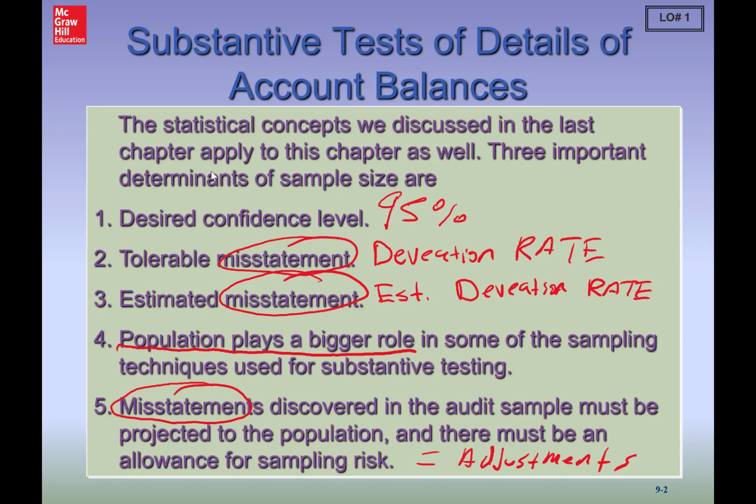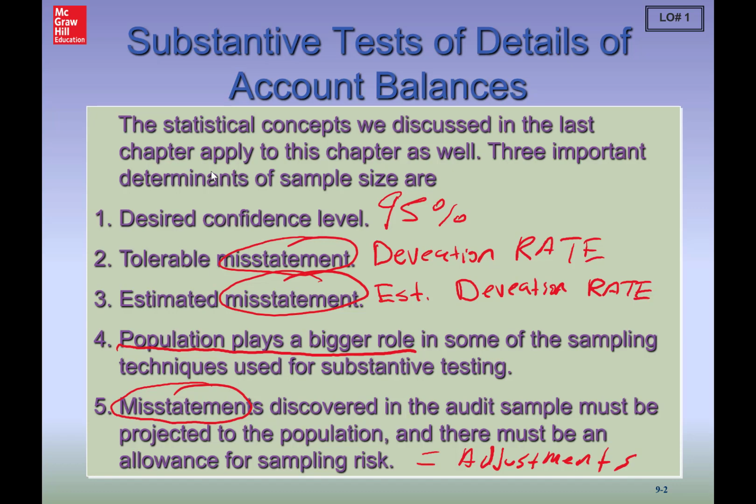Our tolerable misstatement for a particular procedure would be less than our overall financial statement materiality. Then we have a testing materiality or performance materiality, which would be less than our overall materiality, say one-third of it. So our testing materiality might be, say, $3,000. That's how we would do the test to see if it was in excess of our tolerable misstatement.